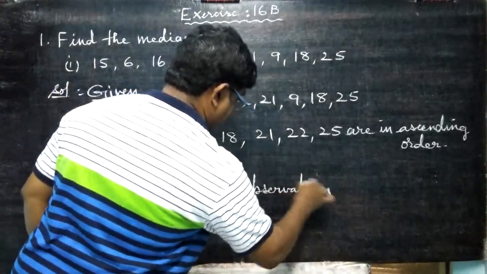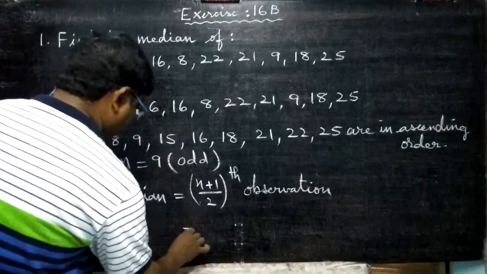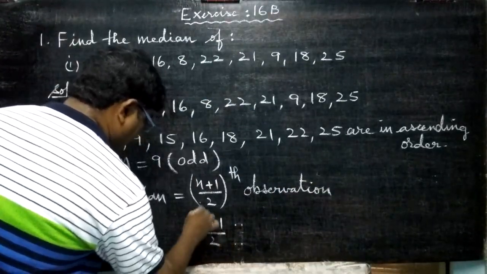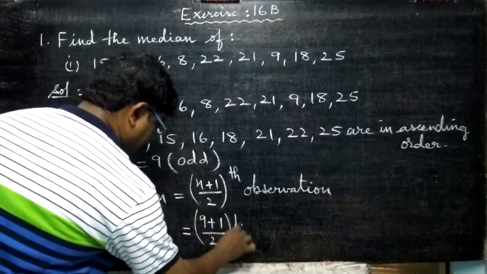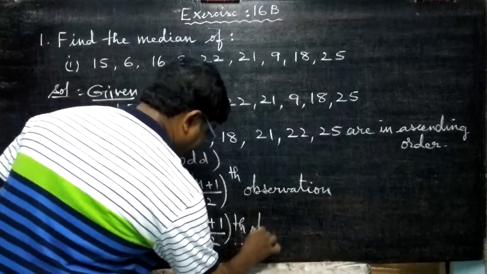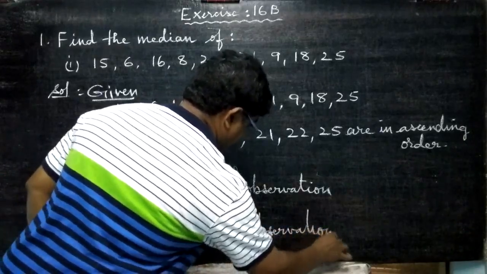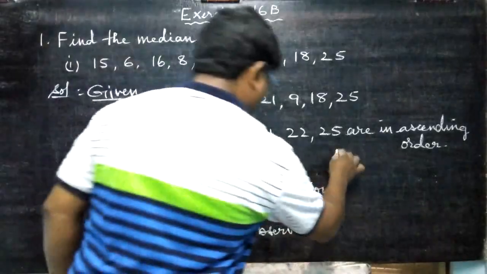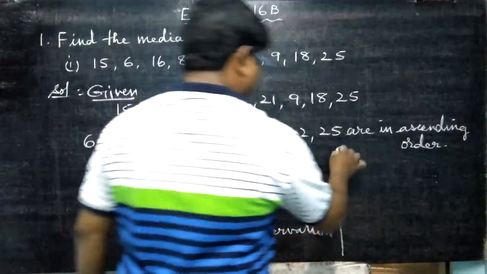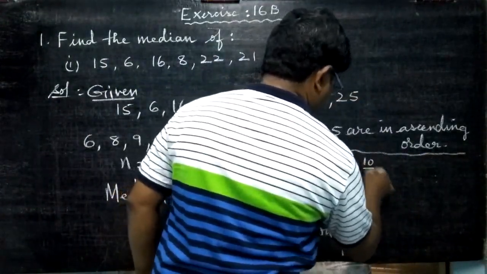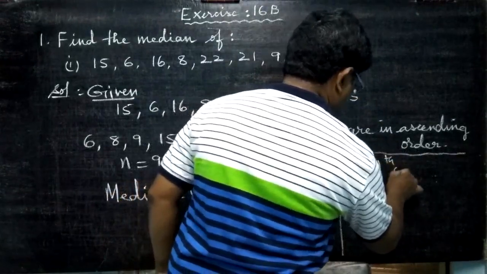What is n here? 9. So (9 plus 1) by 2 th observation. 9 plus 1 is how much? 10. 10 by 2, the (10 by 2)th observation.